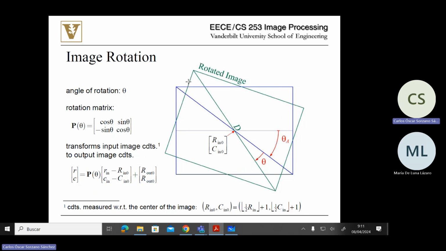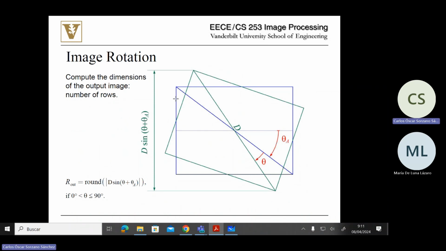You don't like these undefined regions, and you have to do something there. Either you put 0, and some applications put not-a-number, just to say this is not defined, or you make some kind of wrapping of the image. But you have to deal with the problems.